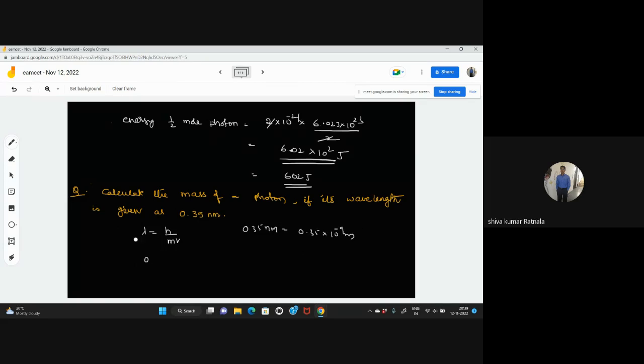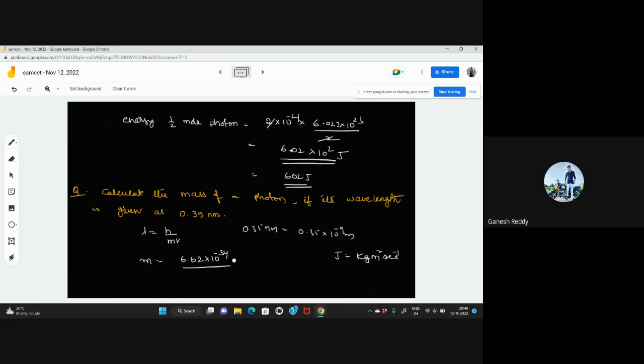So straight away I am taking mass equal to h, whose value will be 6.625 or 6.62 you can take, into 10 to the power of minus 34 joules. If mass is in kg, h value should be in joules. Joules means what? Kg meter square per second. 1 joule means kg meter square per second, that is, second inverse.